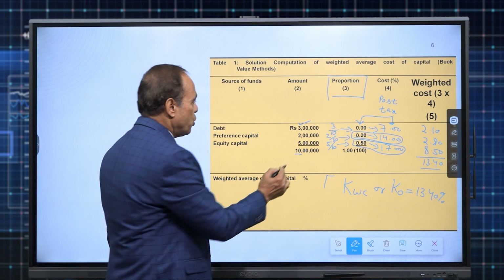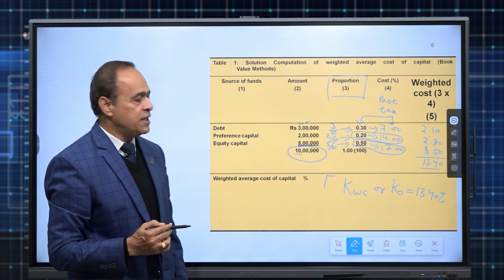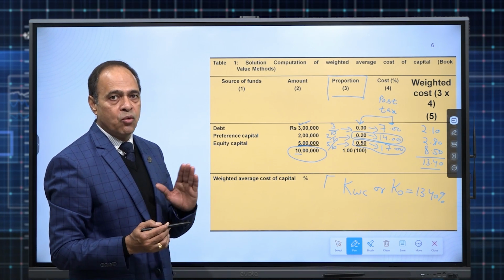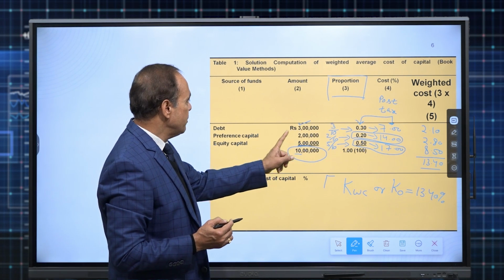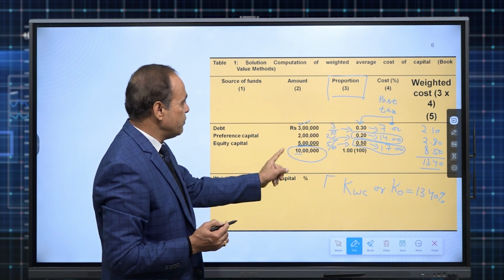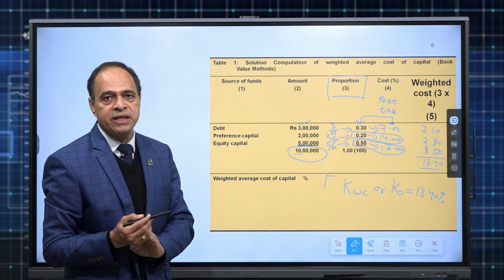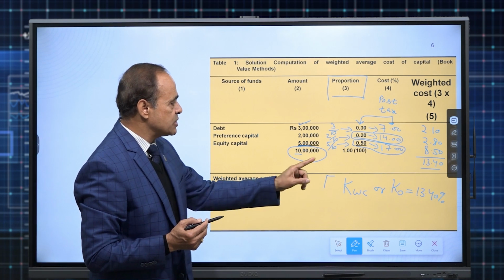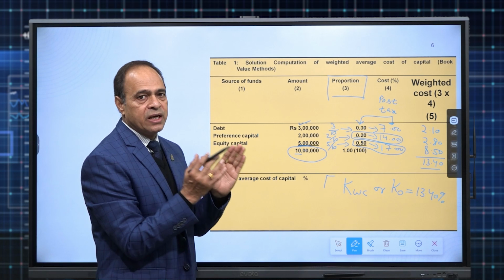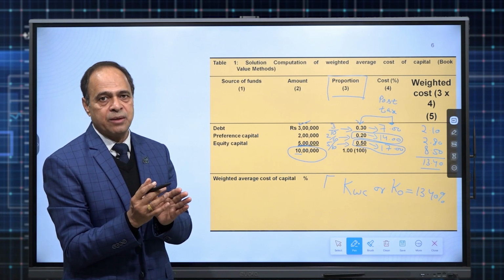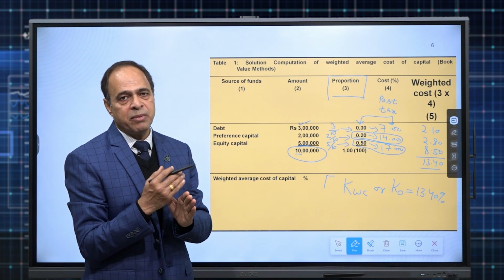It means the overall cost of this 10 lakh rupees funds, 10 lakh rupees capital, is 13.4%. However, specific cost of debt is 7% after tax, preference 14%, equity 17%. But the sum total is that on the total funds used by the company of 10 lakhs, the cost comes out to 13.4%. I hope when we follow these steps, we can easily calculate weighted average cost of capital, whether it may be book value weights, market value weights, or marginal weights.